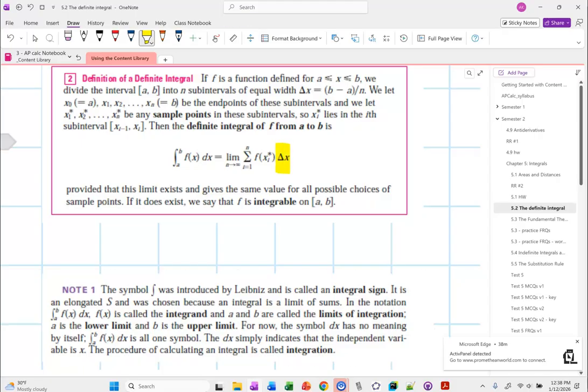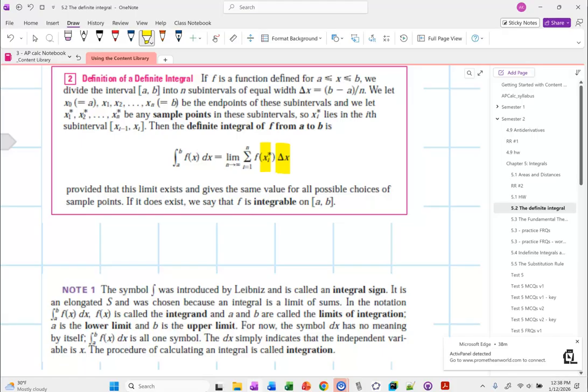Again, delta x was the width of our rectangle. This would be our sample point in one of those n subintervals. And we talked last time that you could use the left-hand endpoints or the right-hand endpoints or the midpoints or just some arbitrary point in each subinterval, possibly different.